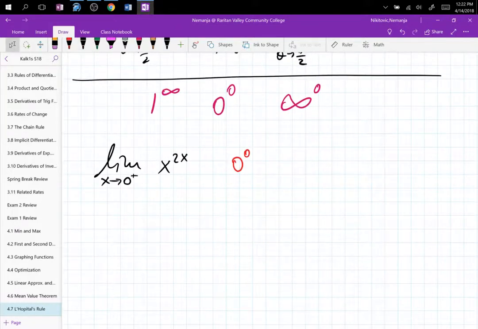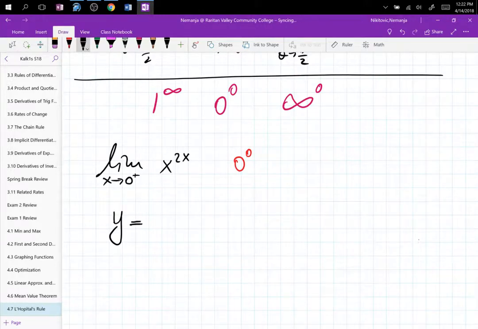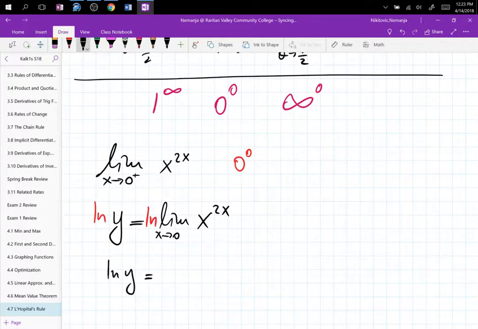We start by saying y equals the limit of x to the 2x. And then we are going to ln both sides. When I do that, I have ln y equal to, I will kick the limit all the way out, and finally I have 2x ln x.